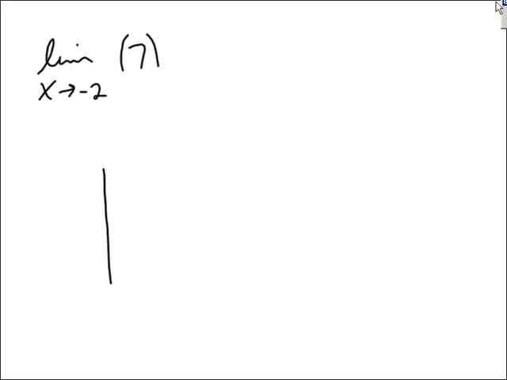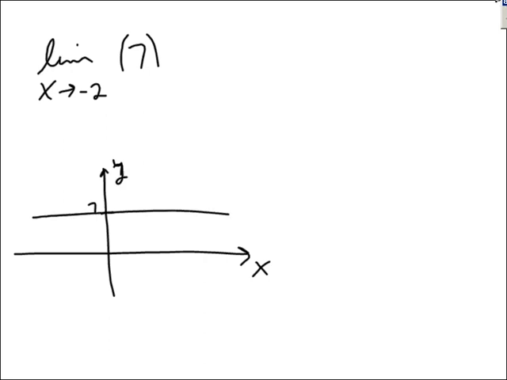Now if you think about it, f of x equals 7 is a horizontal line at 7. It's this line right here. As x gets closer and closer to negative 2, whether from below or above, the corresponding y values are always 7. The function never deviates from 7. That is, this limit is 7.